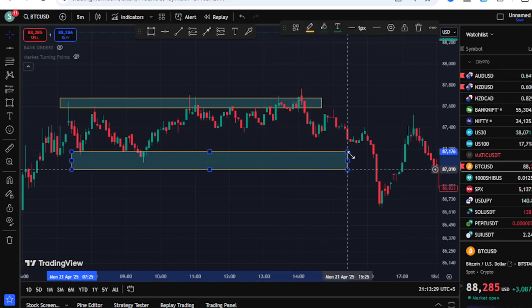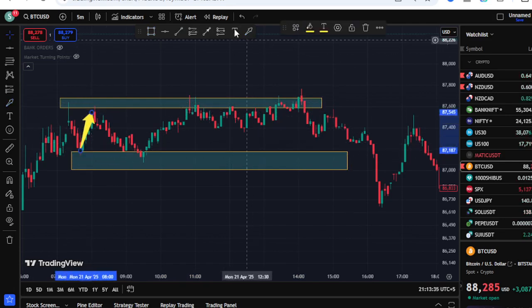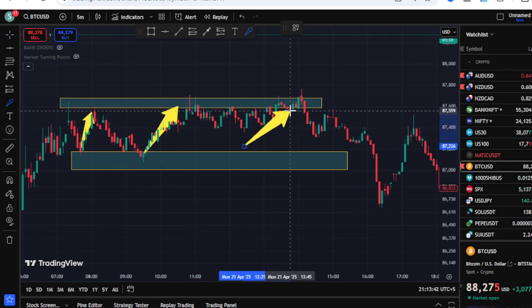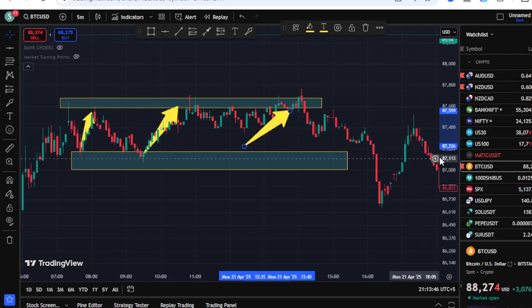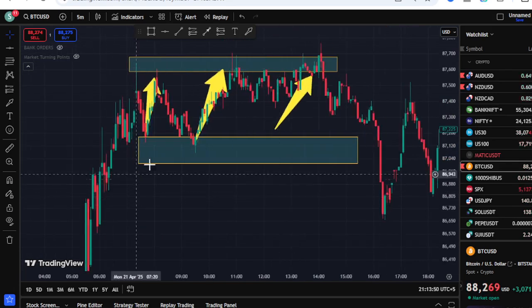So where you have multiple touches, for example, look at this one. This is the first touch, this is the second touch of the resistance, and this is the third touch of the resistance. Now the question is why these types of areas are created in the market.